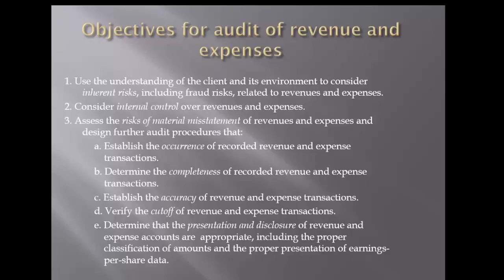On the expense side, we want to make sure that expenses that occurred this year are reported this year, and that they haven't been shifted to the following year. We also want to consider revenue and expenses from a disclosure perspective. We want to make sure that the appropriate classification is there, and that the presentation of earnings per share information, which becomes a part of the disclosure, is accurate.